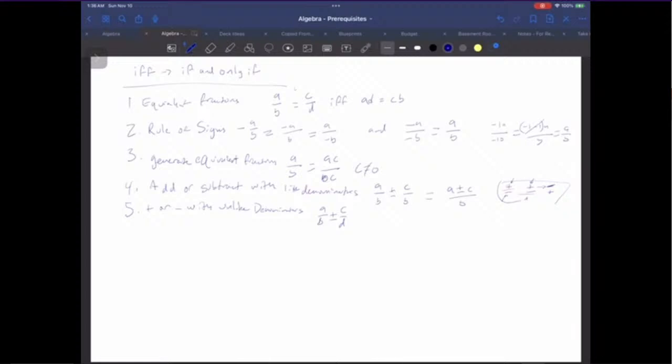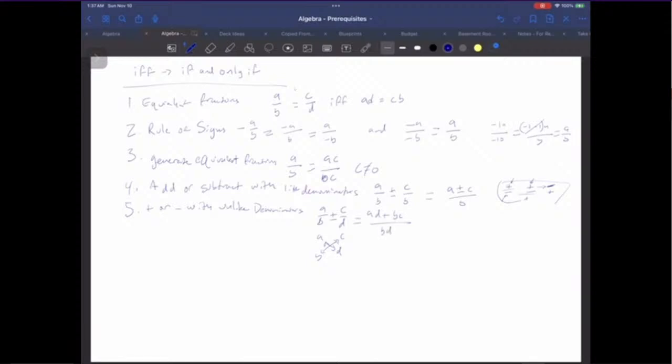And so because of number 4, if we have the same denominators, we can add them together. So to make the same denominators, I call it cross multiply. I'll show you why it isn't that in a second. We have AD, and that's why I say cross multiply, because you have A times D, and then you have C times B. So you have AD plus BC over BD.